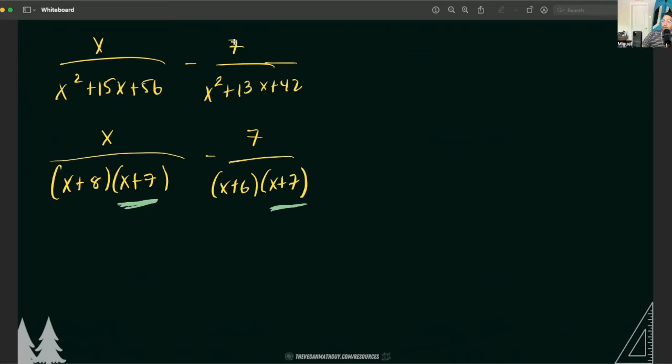Now, one of the fractions has an x plus 6, so I'm going to introduce that to the first fraction, x plus 6 on the top and x plus 6 on the bottom. But the fraction on the left also has an x plus 8, and the other fraction doesn't, so I'm going to introduce an x plus 8 to the top and bottom of the other fraction.